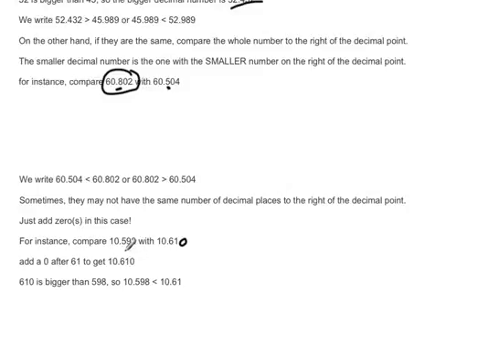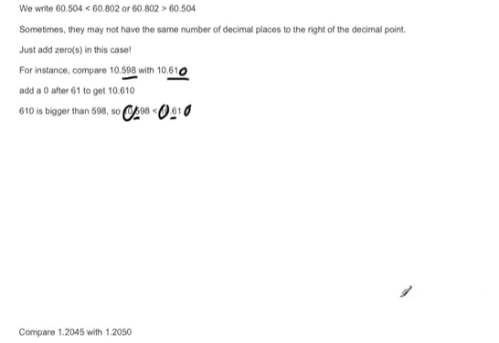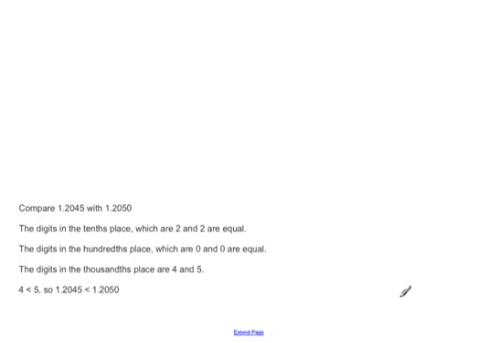So now I can see that 610 is actually larger than 598, even though I wrote them opposite. If I follow the rule listed above, here's my whole number 10, and I have that extra 0 here. I look at this digit 5 and this digit 6, which makes this number larger.